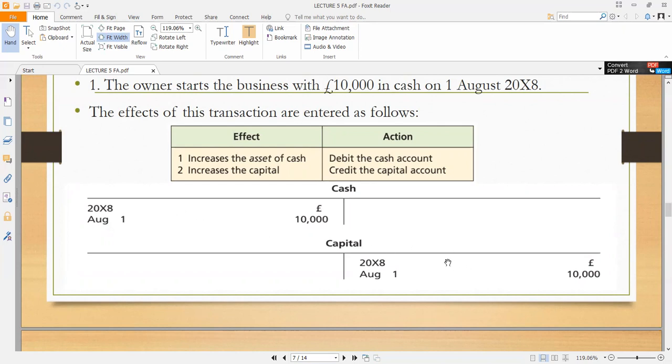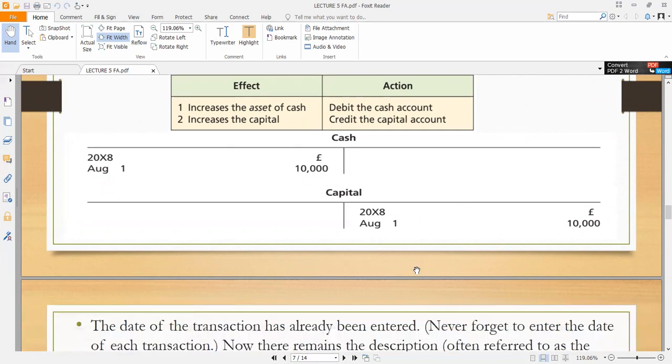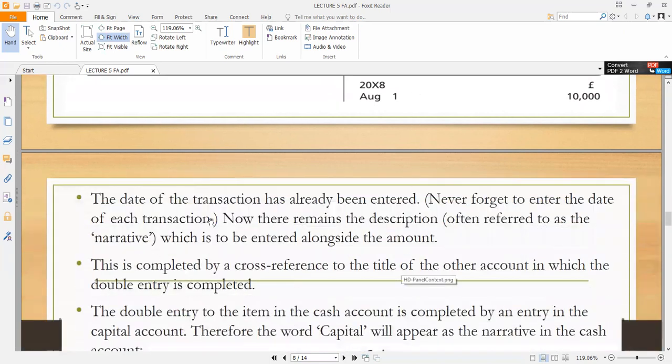The date of the transaction has already been entered. Never forget to enter the date of the transaction. A very important concept here. Never miss out the date.